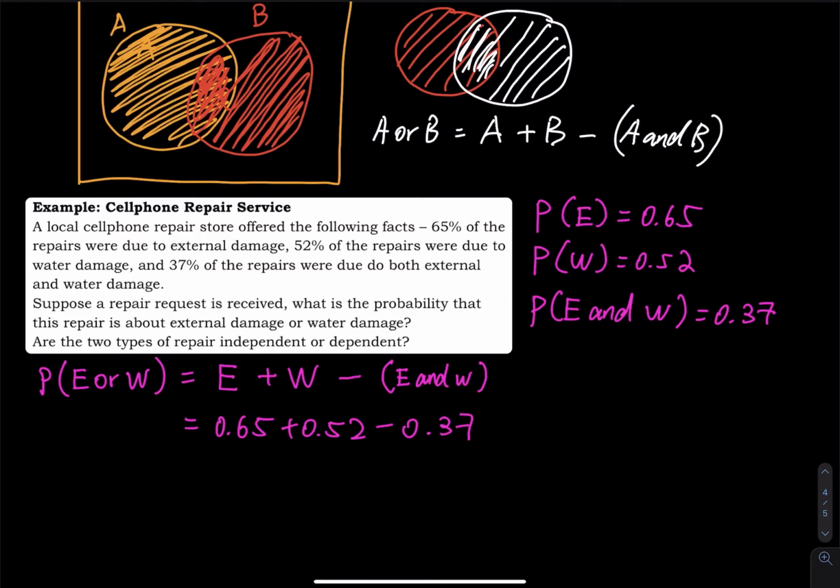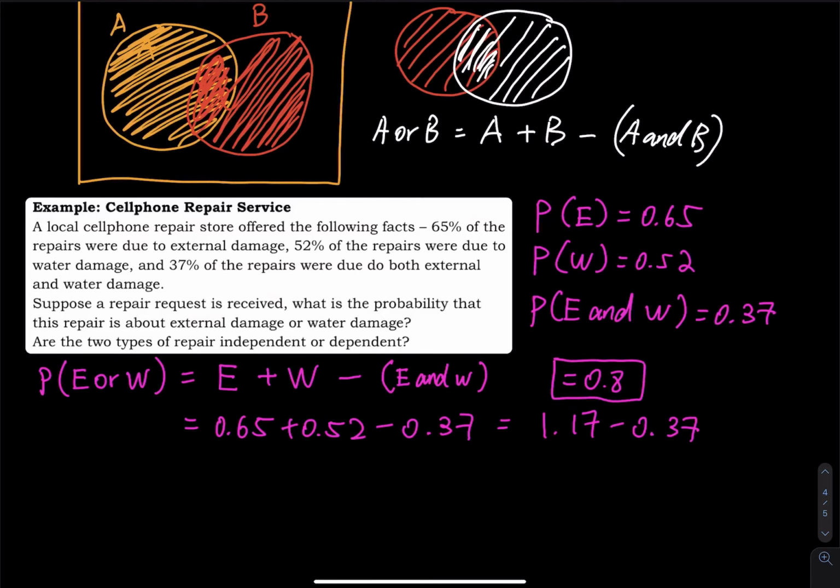I use 65 and 52 for a reason. If you don't do the subtraction, you have 0.65 plus 0.52, which is already more than 1. That is 1.17. This cannot be a correct answer. Probability cannot be greater than 1. So therefore, you have to subtract 0.37, the intersection, one time. What do you get? You get 0.8. So that is your answer.